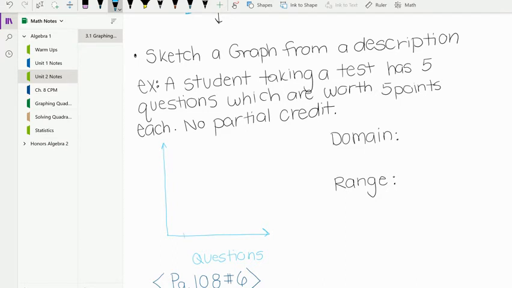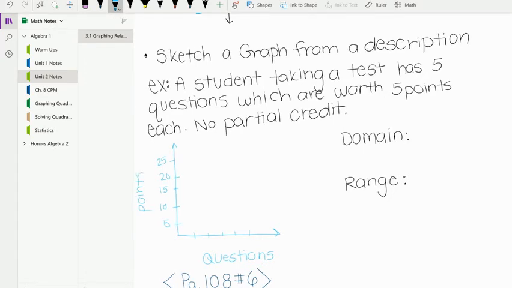So this would be 1, 2, 3, 4, 5, because I know that there are 5 questions. And then from there, I'm going to go by 5s. 5, 10, 15, 20, and 25. And this is for points.